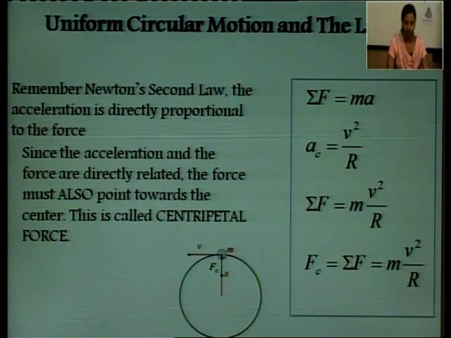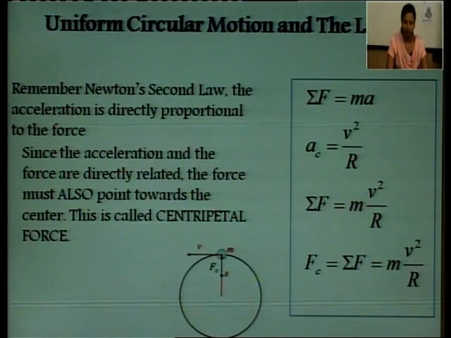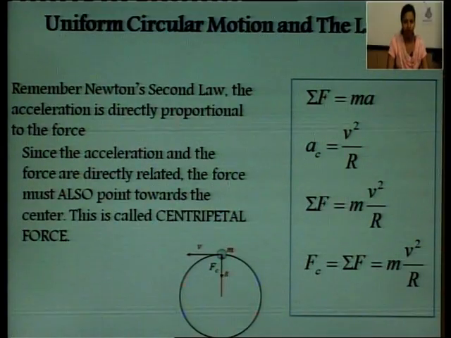So, here I have written the expression for the centripetal acceleration as well as centripetal force. First, according to Newton's second law, acceleration is directly proportional to force. Since acceleration and force are directly related, the force also points towards the center.